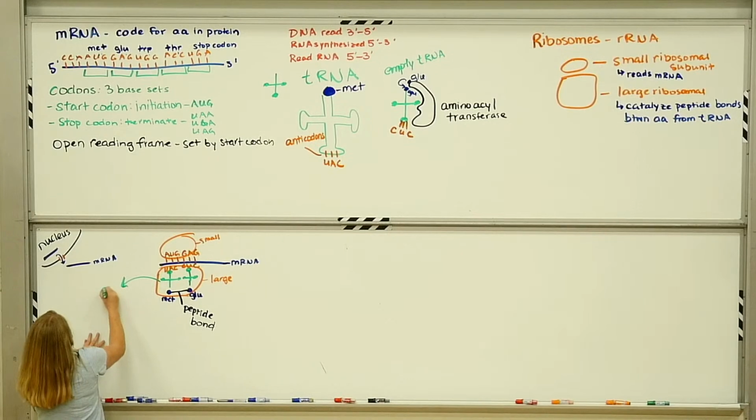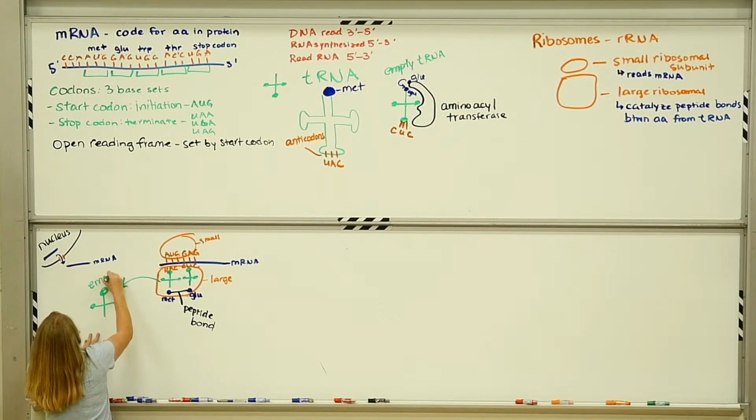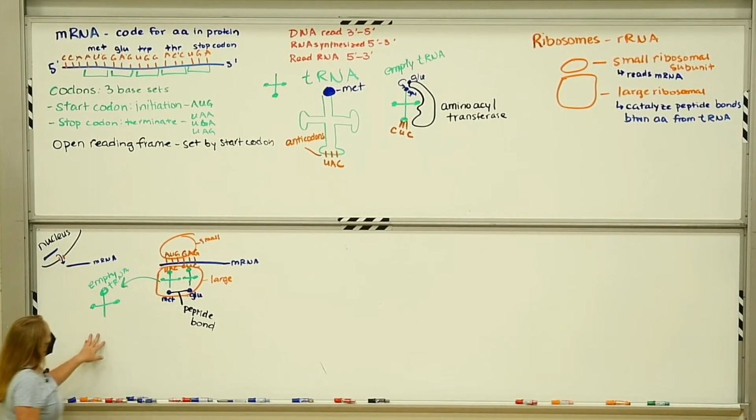So now you have your empty tRNAs out here again. They will then get an amino acid transferase to put another amino acid on them. And then they'll come back and see, can they find another codon that they complementary bind with?